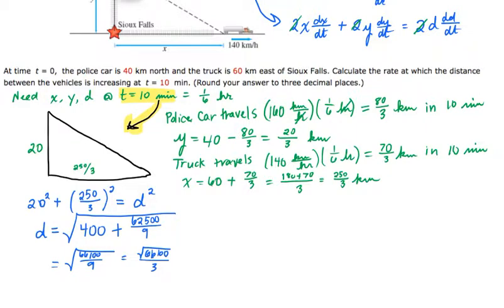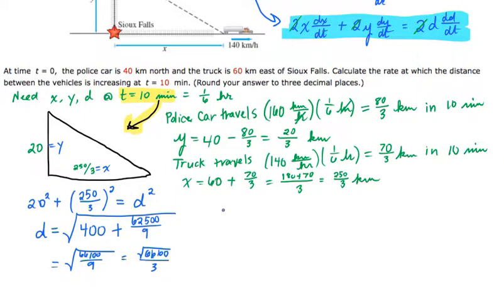Okay, now I'm going to plug into this equation up here. Let's bring this down and plug in all of these values down here. So we have x times dx dt. That's right here. X, we discovered, is an x value. I should label, that's a y value, and that's a d value.